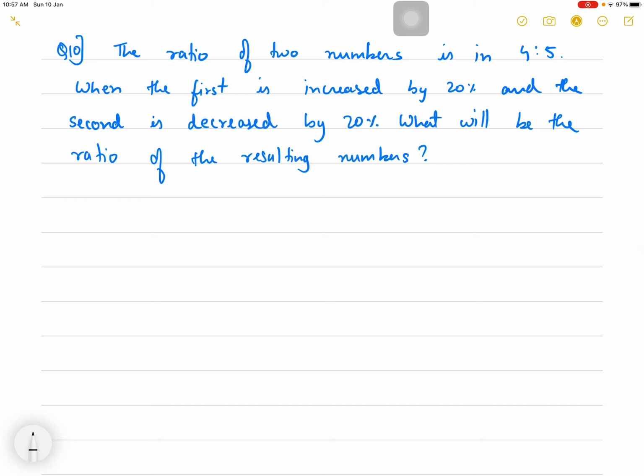The ratio of two numbers is 4:5. When the first number is increased by 20% and the second number is decreased by 20%, what will be the ratio of the resulting numbers? Okay. So the present ratio is 4:5, right? Present ratio is 4/5.